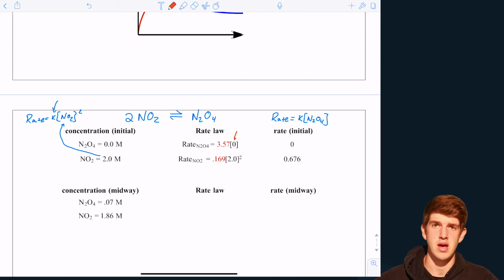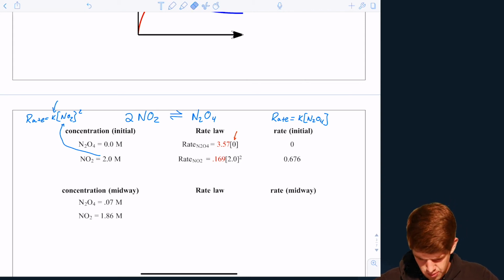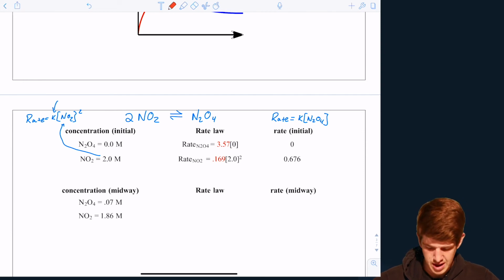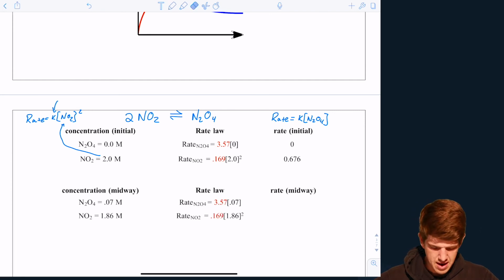So now what are the rate laws? Well, my rate constants are not going to change, but my concentration is. So now N2O4 has a concentration of 0.07 moles per liter, and NO2 has 1.86. So what's going to happen?